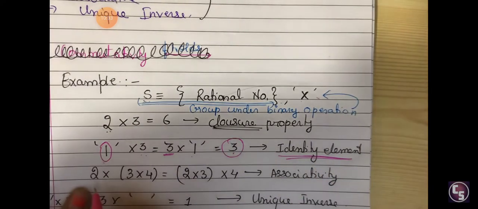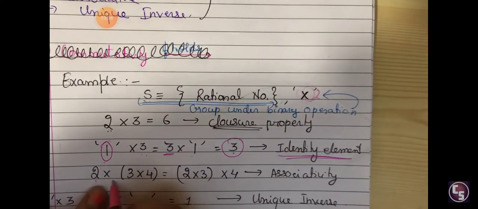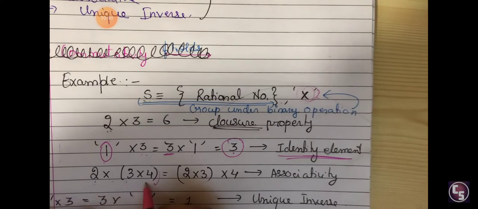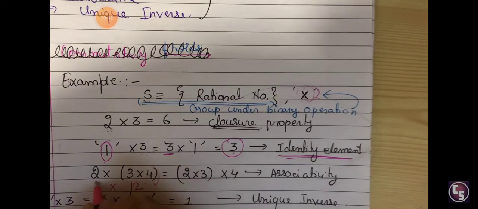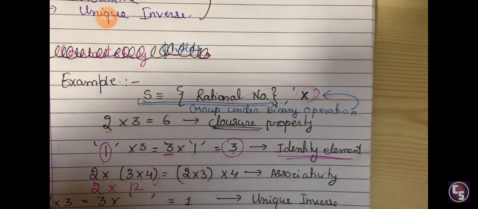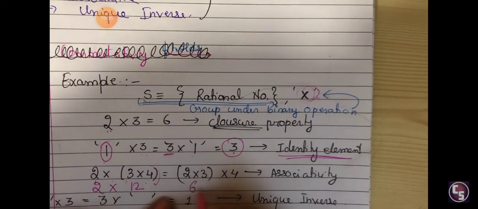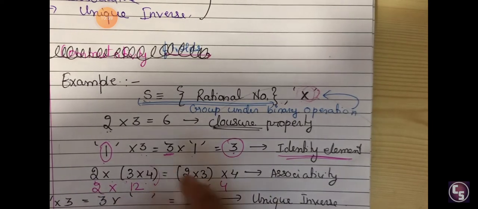The third rule says if you do the operation of multiplication, 2 into the bracket of 3 into 4, that is 2 into 12, because by using the BODMAS rule we apply the bracket first. BODMAS is bracket, and then you do division, multiplication, whatever is the sequence. And here also you get 2 into 3, 6 into 4. 6 into 4 is 24, 2 into 12 is 24.